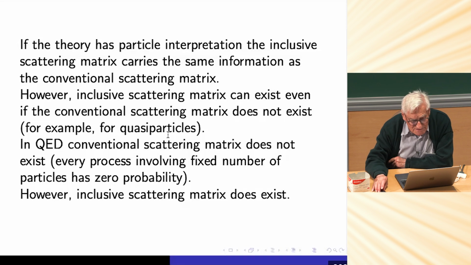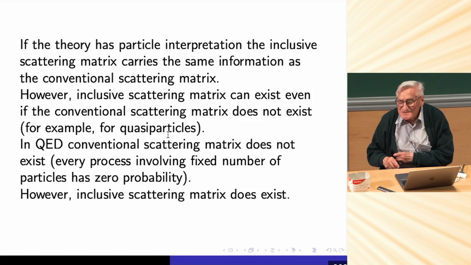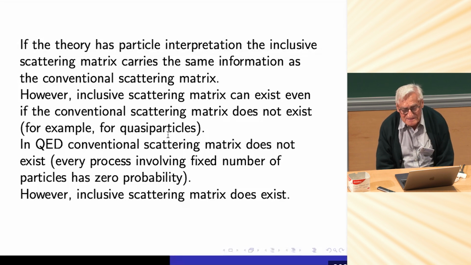Now I would like to try to convince you that the inclusive scattering matrix is a good object. First of all, it carries precisely the same information as the conventional scattering matrix, not less, not more.